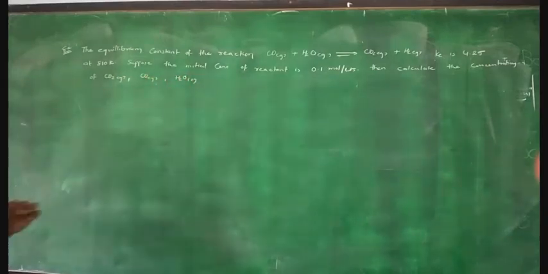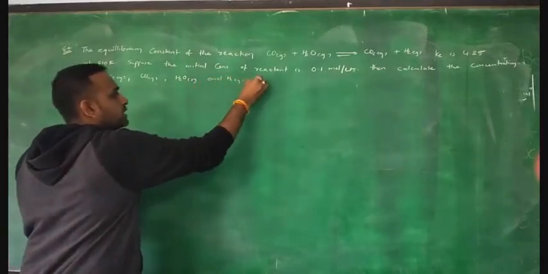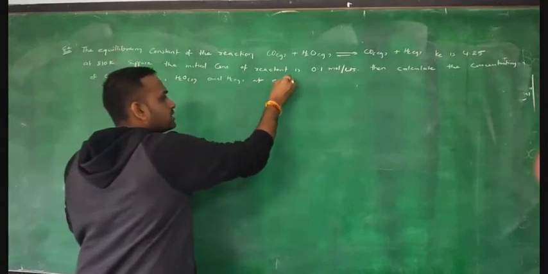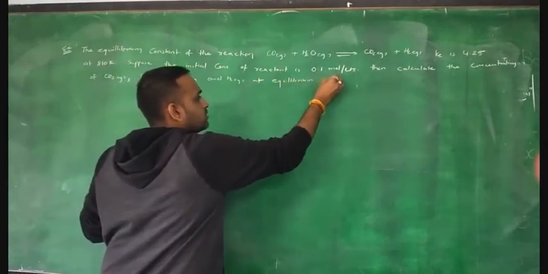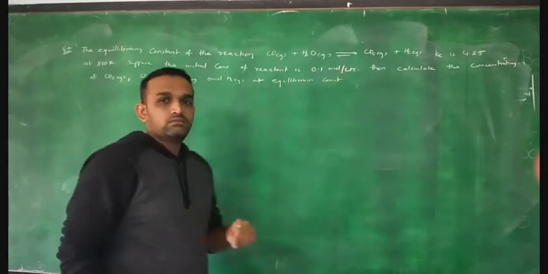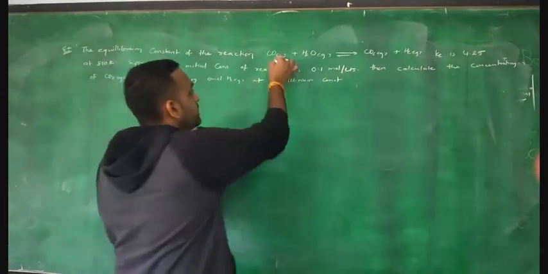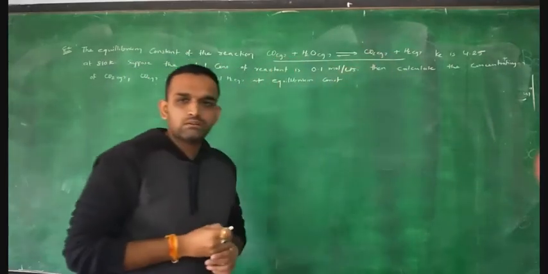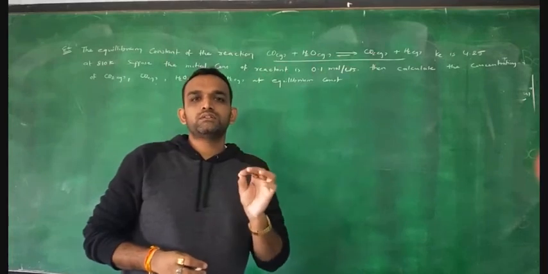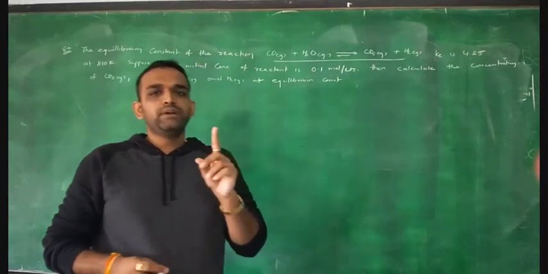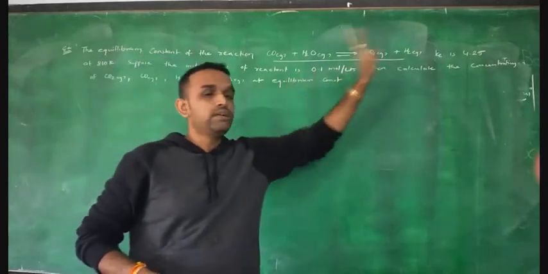And H2 at equilibrium. चलो मुझे पहले तो रिएक्शन यहाँ पे दी हुई है, ये देखो ये रिएक्शन और उसका इक्विलिब्रियम कांस्टेंट. At equilibrium you have to find out the concentration of CO, H2O, CO2 and H2.